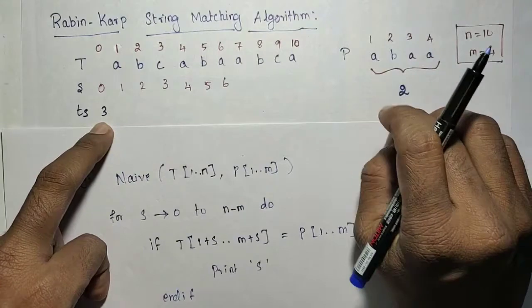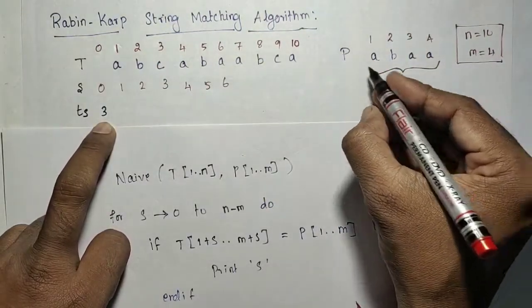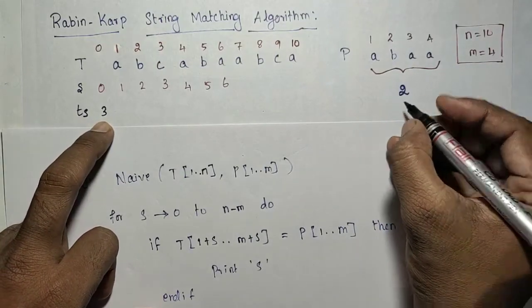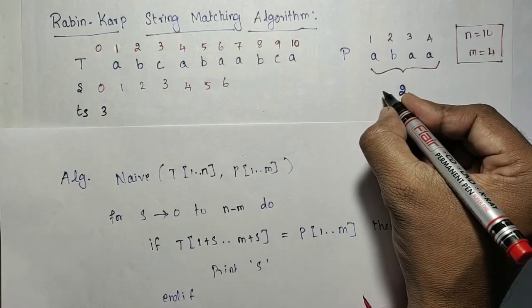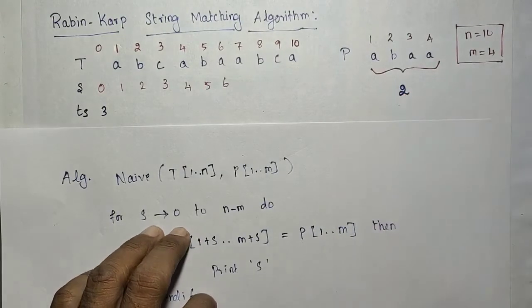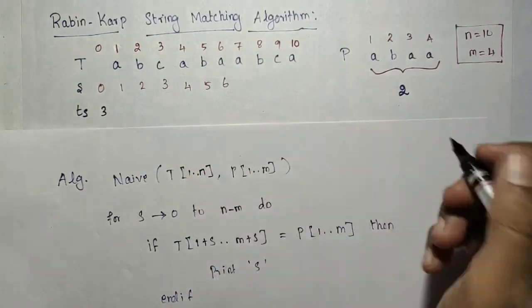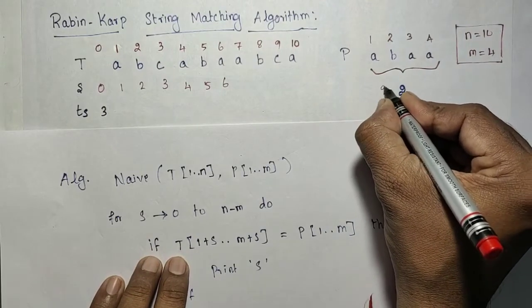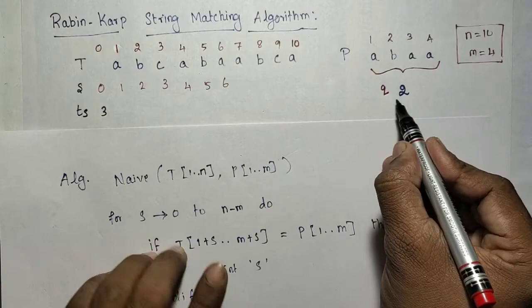To avoid confusion between capital P and small p, just name the pattern's equivalent number as q. That q equal to 2.